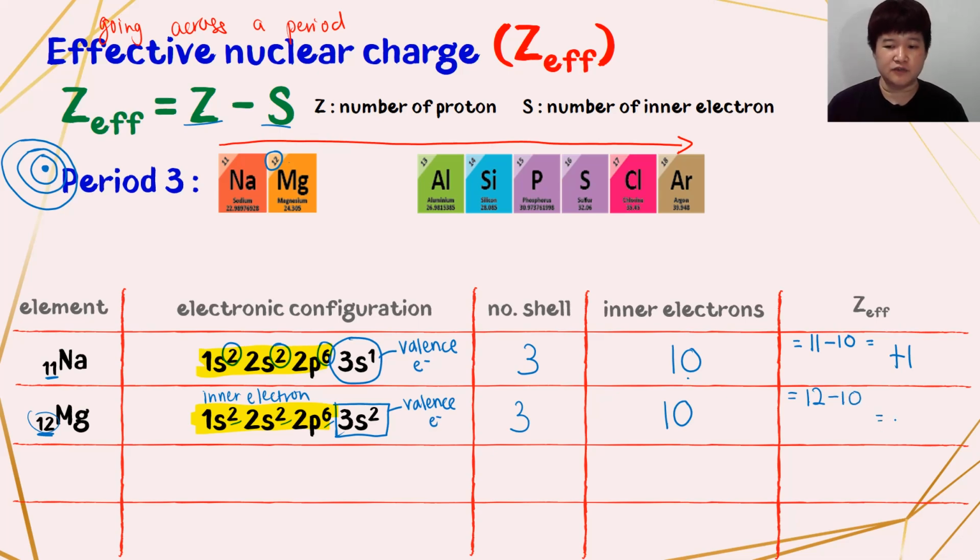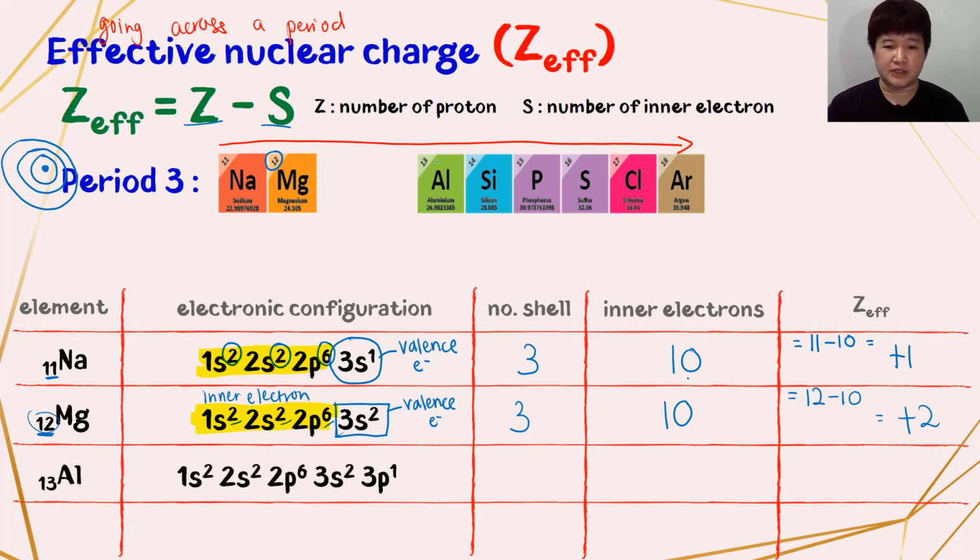So the effective nuclear charge increases to positive 2. So we can see a trend: proton number increases across the period and effective nuclear charge increases across the period. So let's check for another one.